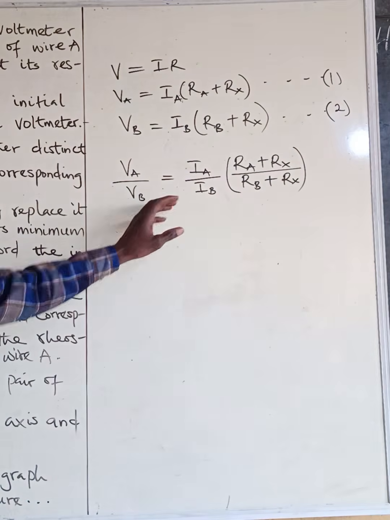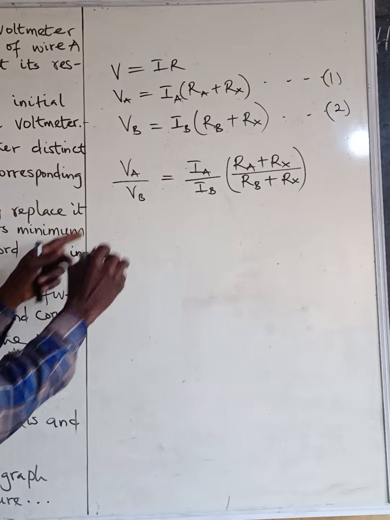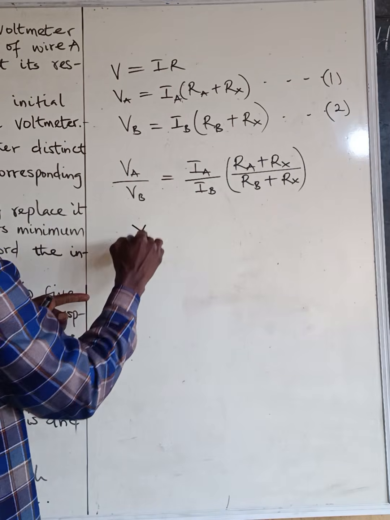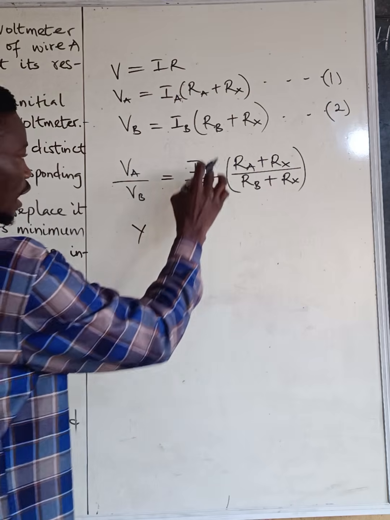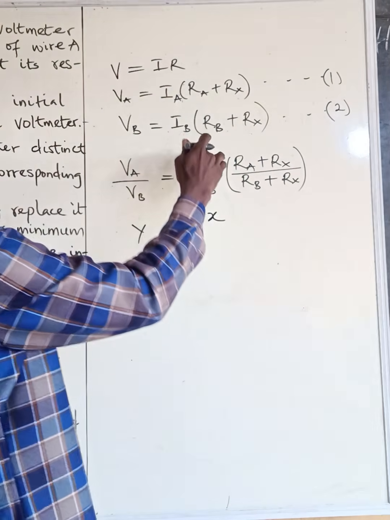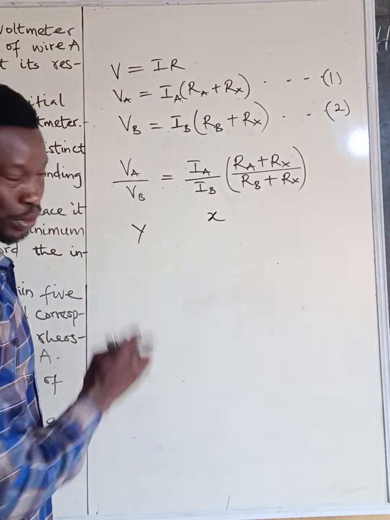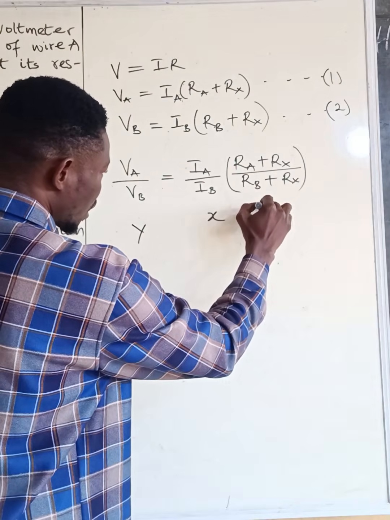Now, from this analysis, if we say that Y is equal to VA all over VB, and we say that X is equal to IA all over IB, then this is going to give us our slope.